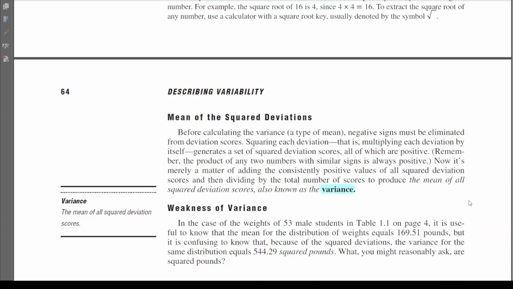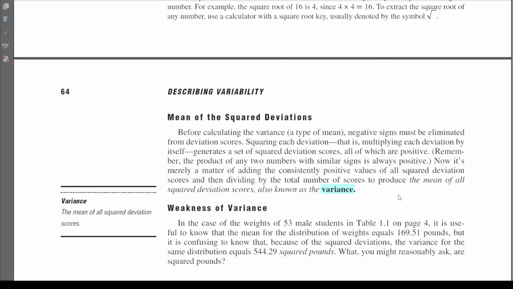Now, to rectify that, we find out the mean of the squared deviations. Before calculating the variance, which is a type of a mean, negative signs must be eliminated from deviation scores. Squaring each deviation, that is, multiplying each deviation by itself, generates a set of squared deviation scores, all of which are positive.